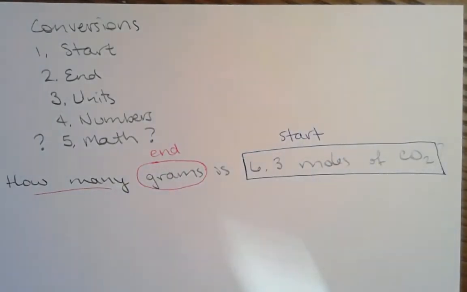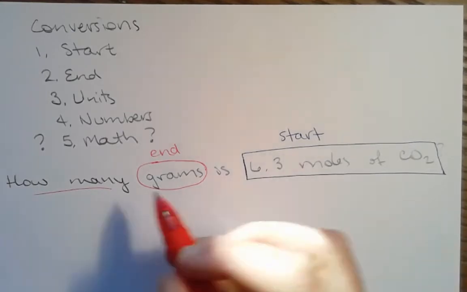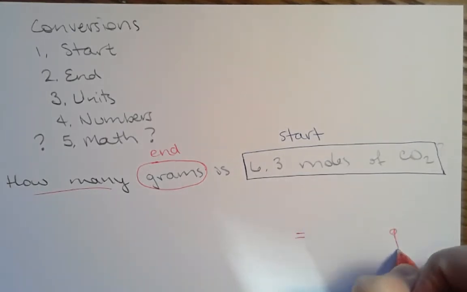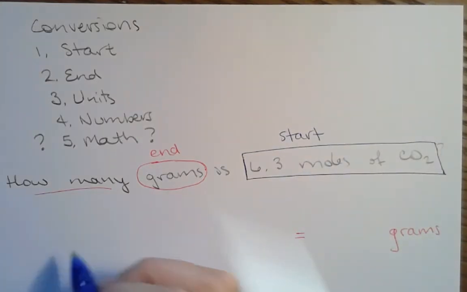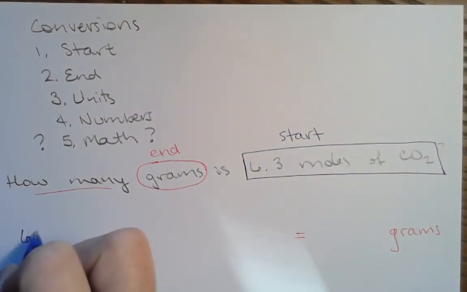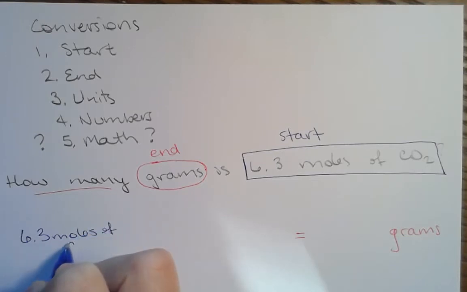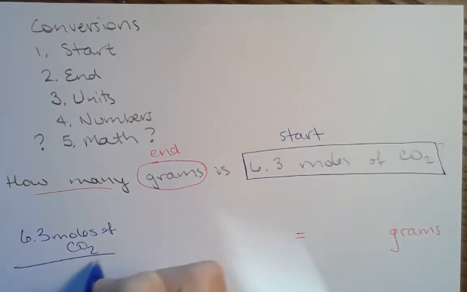And off we go. First step is put these units where they go. So we want it to equal grams when we're all done, and we know that we're starting with moles. We're starting with 6.3 moles of CO2. We're going to put that over here in the start spot.